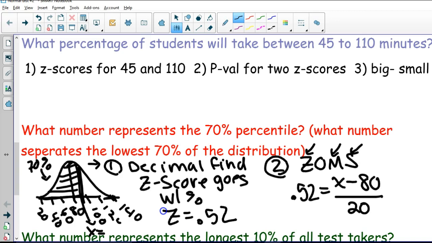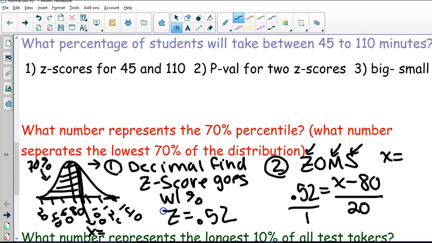What would be the easiest way to solve this? We could do algebra. There's a couple different ways. We could multiply by 20 to both sides and then add 80, or we could do cross multiplication. Whatever would be easier for you. So we get our x, and what do we get for an x, you guys? Has anyone tried it yet?